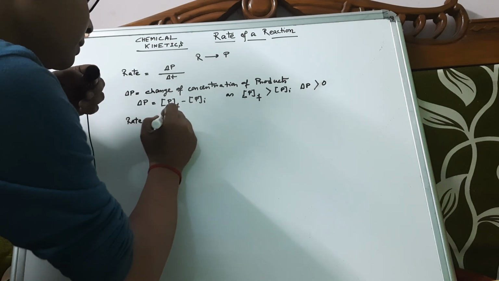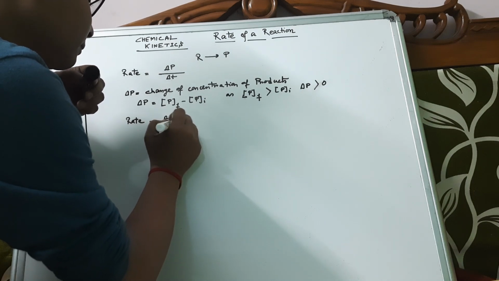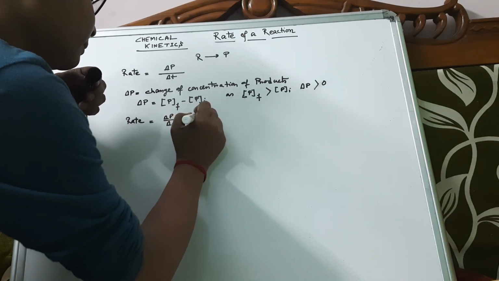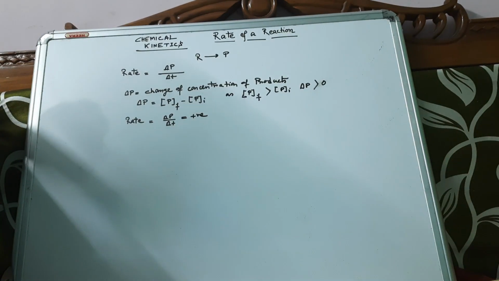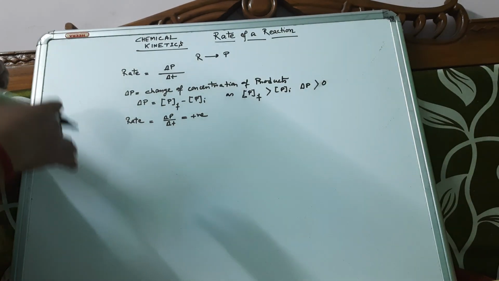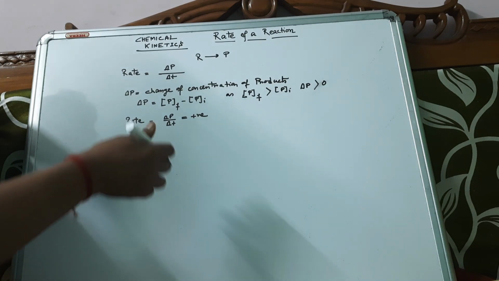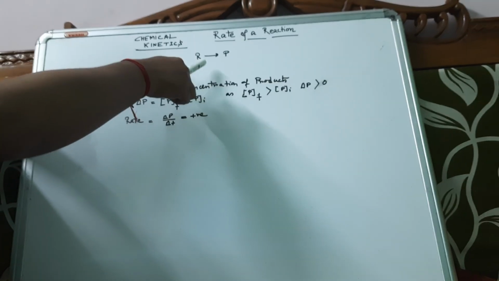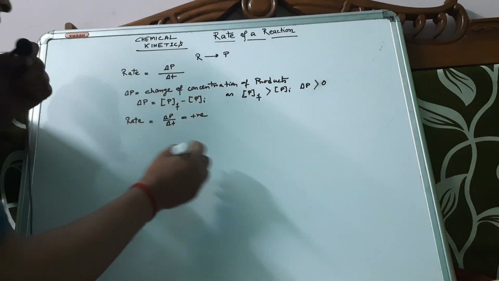So what will be the rate? Rate will be delta P by delta T, equals to positive. So here rate is positive, but the rate is the same whether you express the rate in terms of reactant or product.